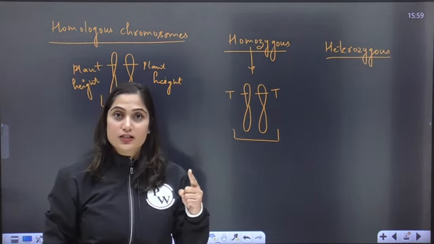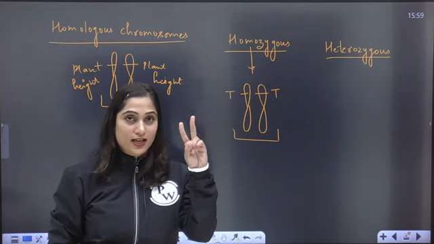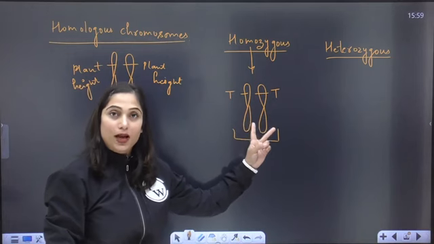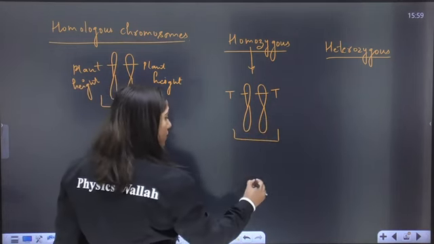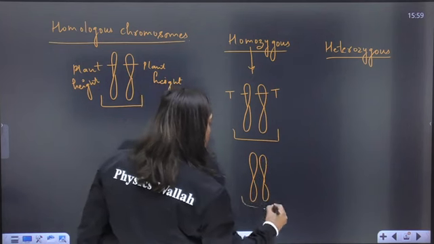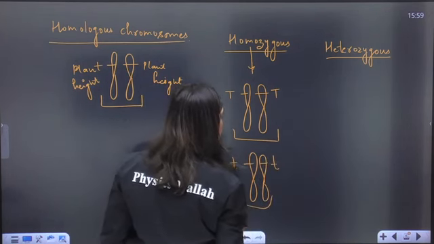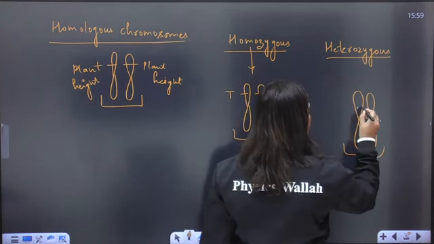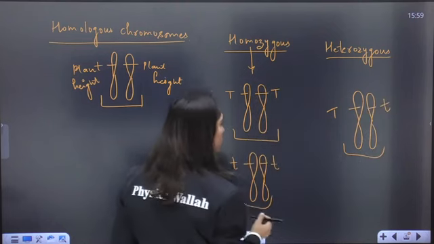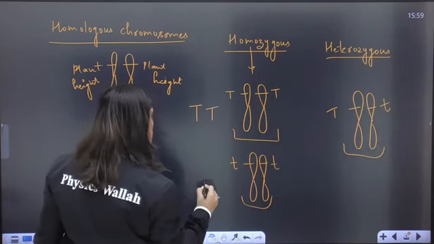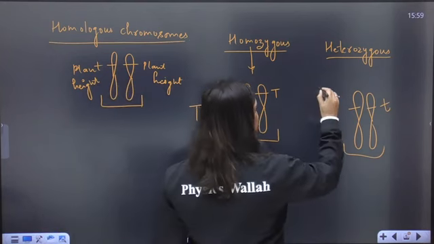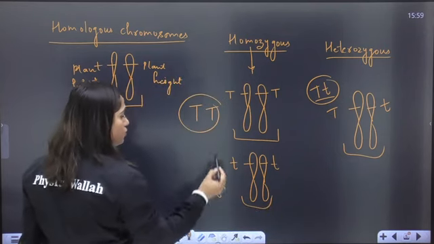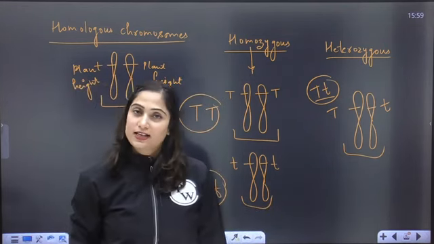That means a single gene has two copies in a diploid organism present on the homologous chromosomes. When these two copies are similar, that condition is the homozygous condition. And when these two copies are different, the condition is the heterozygous condition. So capital T, small t is the heterozygous condition, and capital T capital T and small t small t are the homozygous conditions.